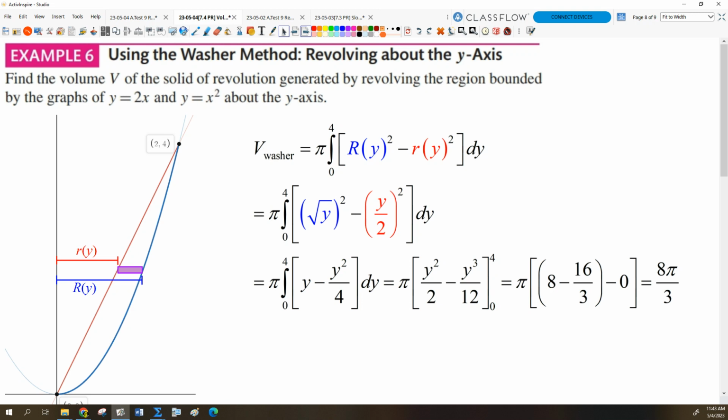That's easy to do. If I write the blue function as a function of y, if I solve for x, what do I get? X equals y over 2. Oh, that's the line, isn't it? Sorry, that's the red function. So there's my inner radius, right?